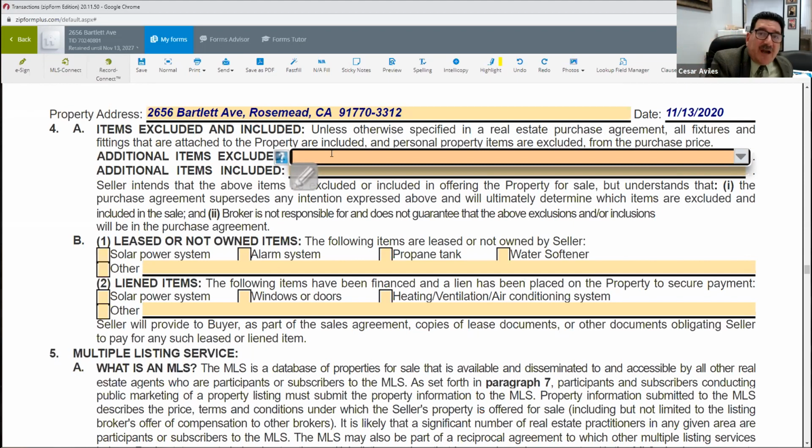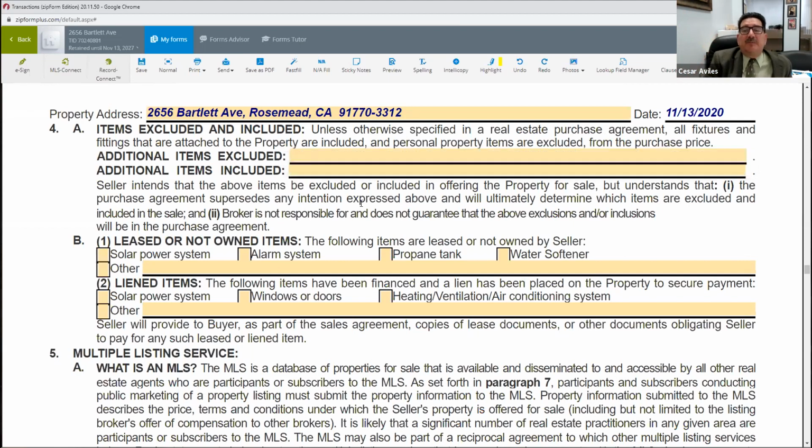Because if you exclude it here and you fail to put it on the MLS, then you're going to end up buying something and replacing it with your own money, right? And the company is not going to share with you. I'm letting you know that, right? Because it was your inability to keep your transaction correct.